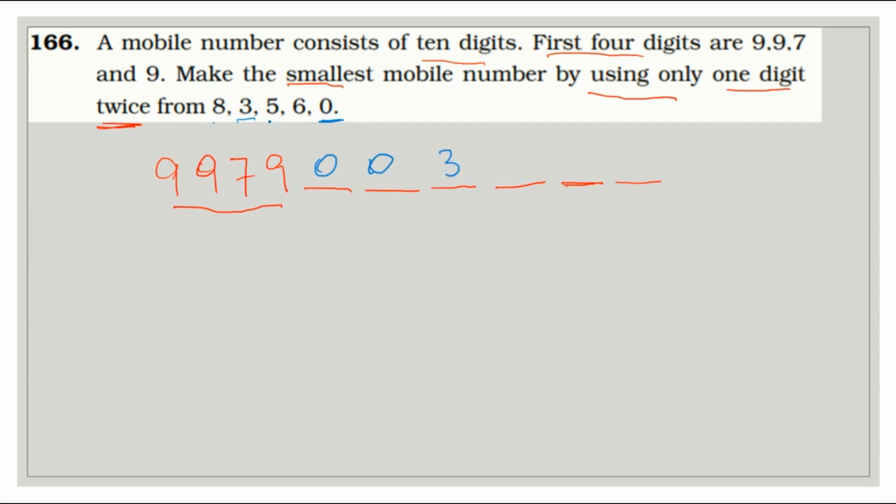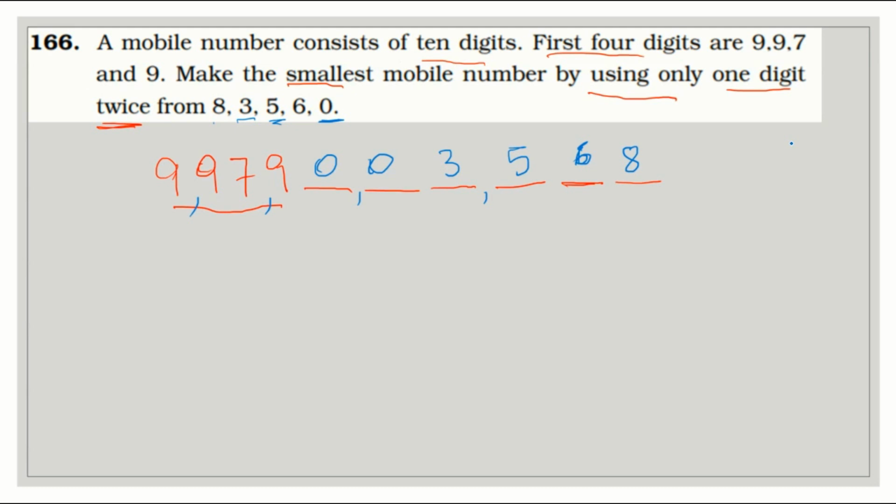Next bigger than that is 5, once. Next is 6, and next is 8. So in total we got this number being the smallest possible mobile number under the given condition. If you want, you can read this as 9 Arab 97 crore 90 lakh 3,568. This is the phone number of 10 digits.